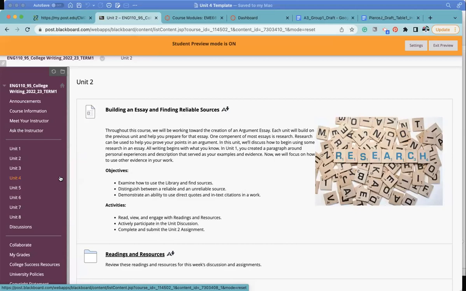This week, though, we're going to be talking about some of the building blocks that you will need to write effective essays. In this particular unit, your writing assignment, much like last unit, is a single paragraph, but this time around, you're going to be using research in it. Now, the good news is for this unit, the research is actually supplied for you, and we'll take a look at that here in a minute.